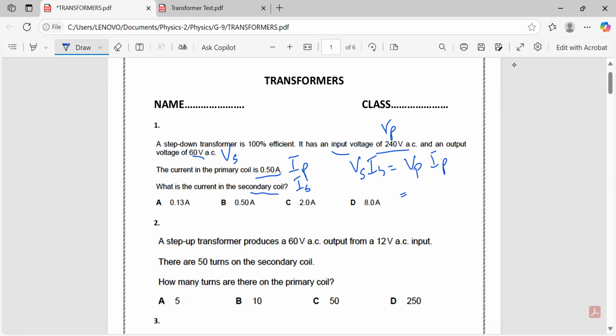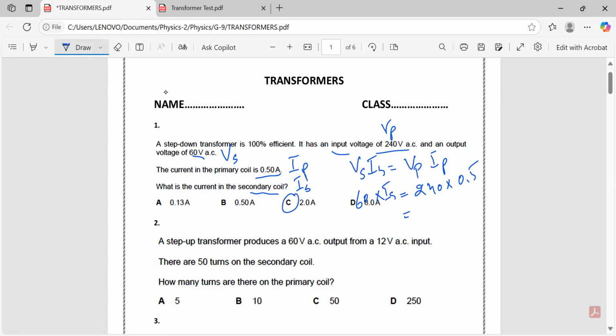When you put in the values, 240 times 0.5, and here VS is 60 volts times IS, you are able to get the answer. When you solve this, you will get 2 amperes.